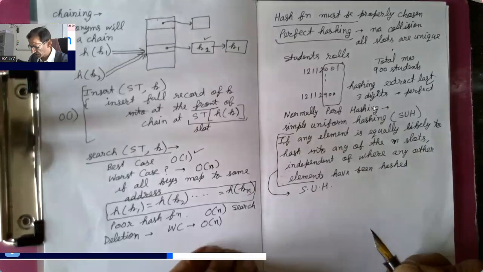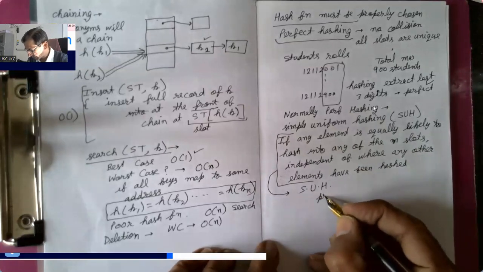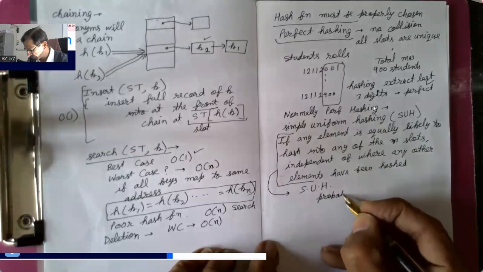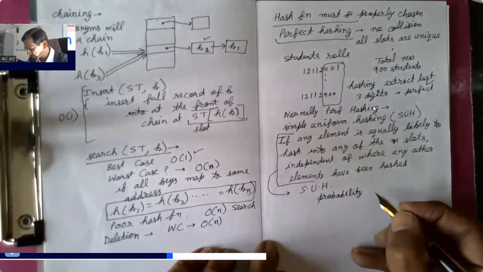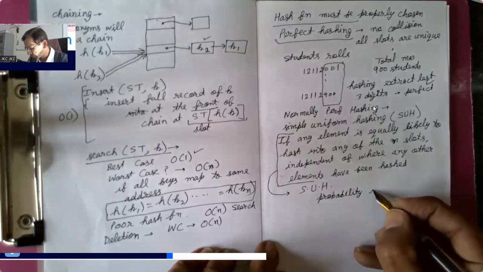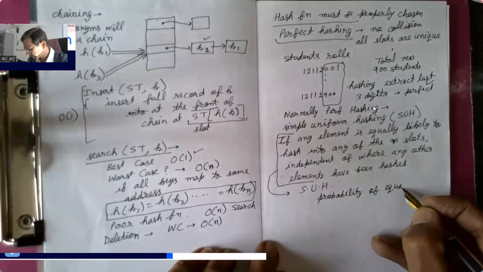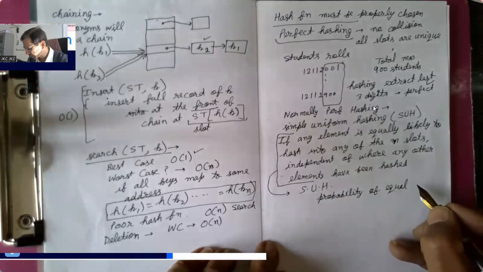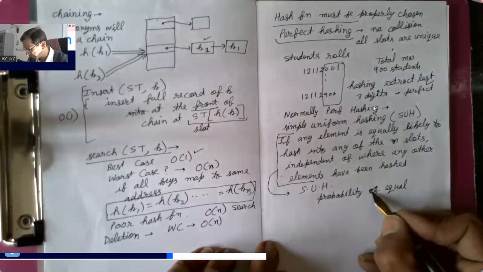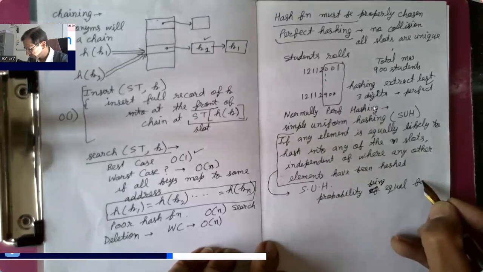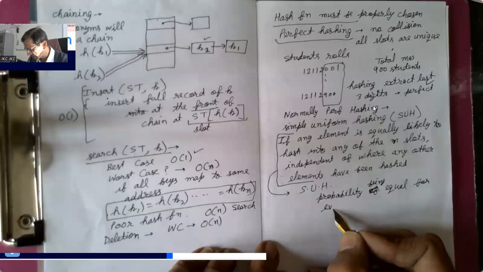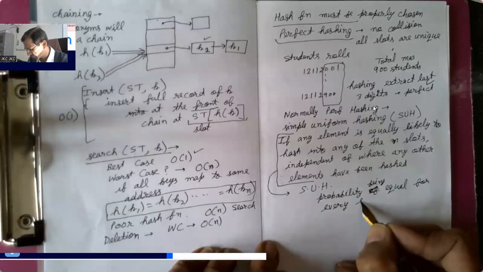So it means the probability of any value is almost random and equal for every slot. Probability being equal for every key to every slot.